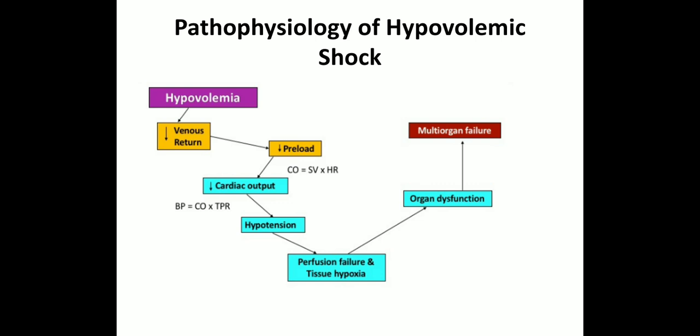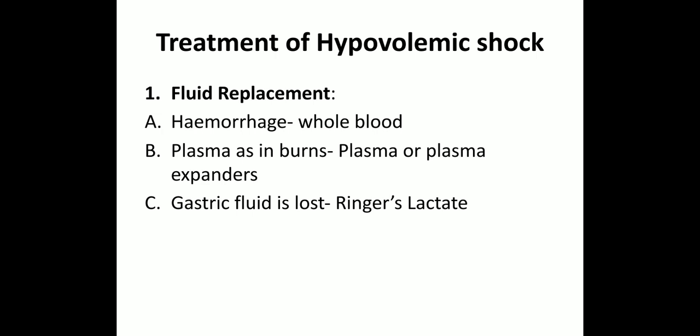If cardiac output decreases, then there is hypotension, because BP is equal to cardiac output times total peripheral resistance, and it ultimately leads to tissue hypoxia, then organ dysfunction, and it can lead to multi-organ failure, and death can occur in hypovolemic shock. It is the most common shock, and most risky also. Mortality rates are high.